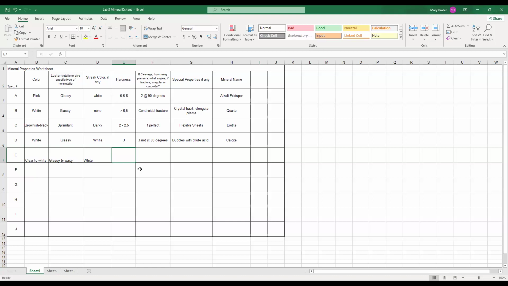Oh yeah, see, I got little white chunks left on my penny. So it's softer than 3. Can my thumbnail do it any damage? Yes, actually it can. Can you see the powder underneath my thumbnail? So it's got to be probably 2 because my thumbnail's pretty hard. So let's put down here 2 for hardness.